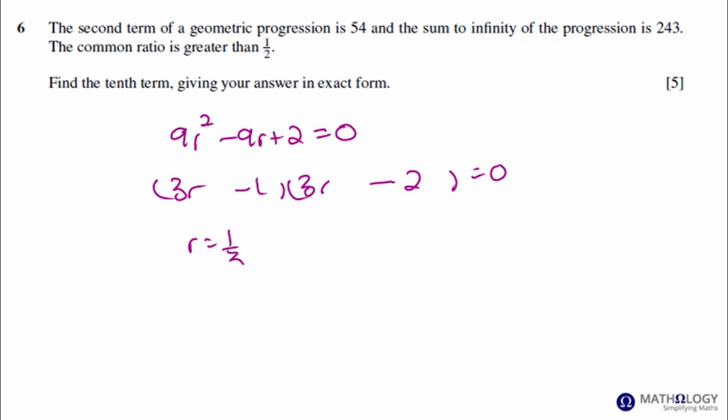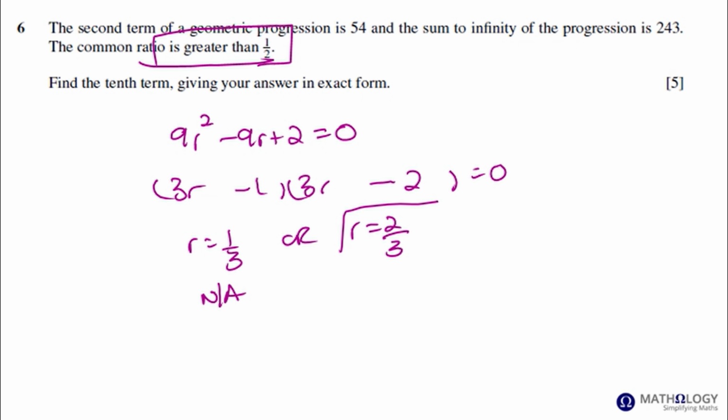So R equals a third, or R equals 2/3. Now they did say that the common ratio is greater than a half, so a third is not applicable. R equals 2/3. The 10th term of a GP is given by AR to the 9. We need to find A first.